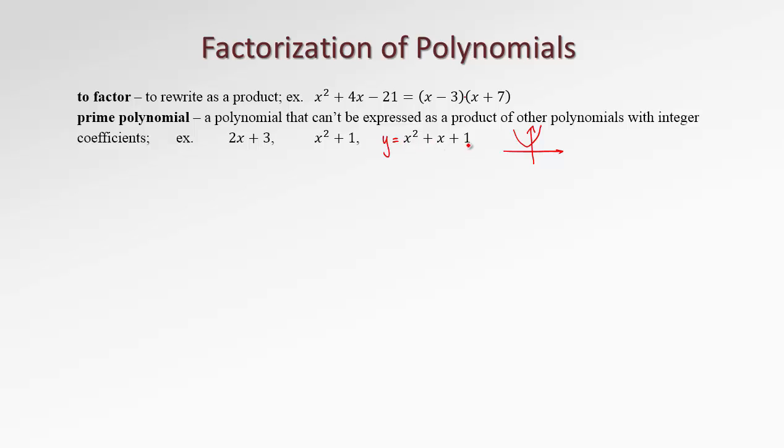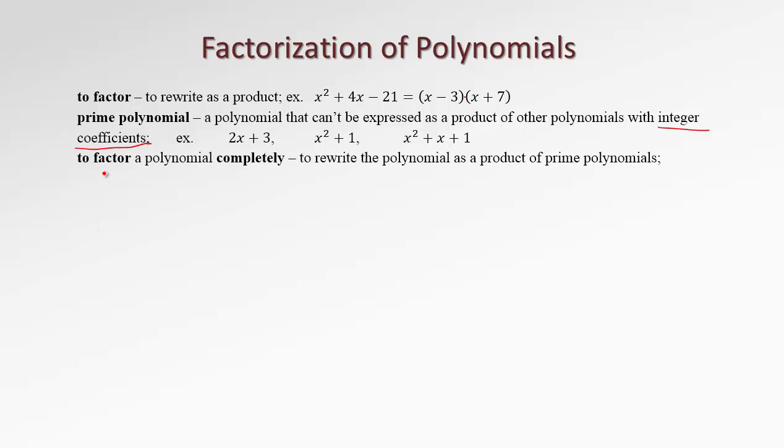Therefore, this function doesn't have any roots, which means that the equation x squared plus x plus 1 equals 0 doesn't have any solutions. So this polynomial couldn't be factored into linear polynomials with integer coefficients, as otherwise we would have some solutions.